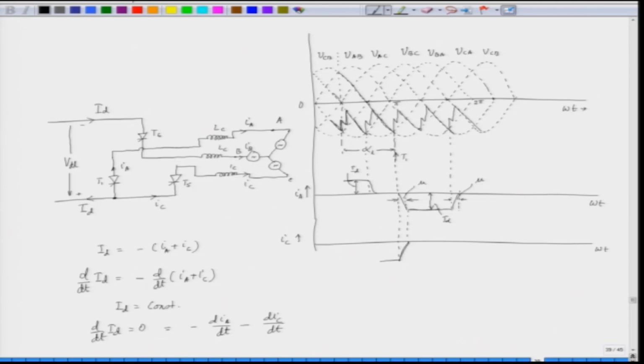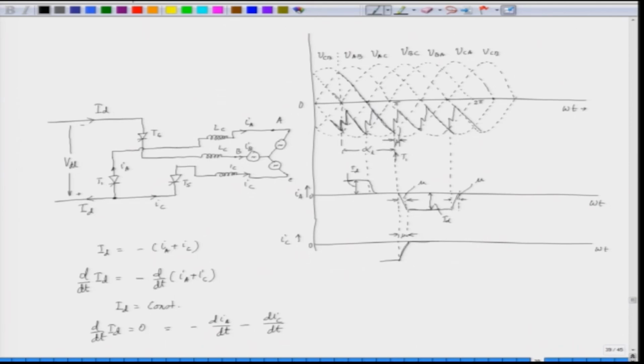The decreasing slope and the increasing slope are equal and opposite. So, the value of IC will be a decreasing current like this. This is the commutation interval, that is mu.